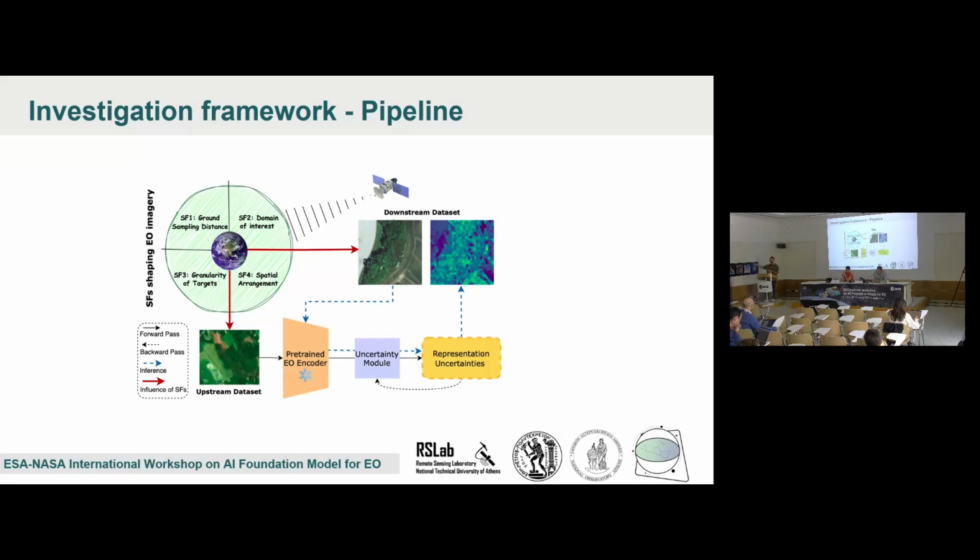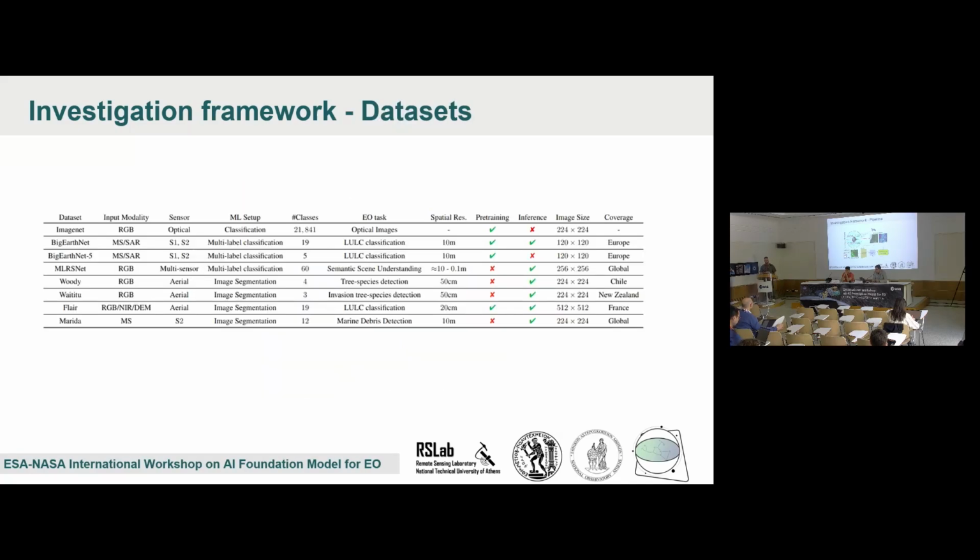For example, if you're operating in a marine environment, you would get different concepts than when you operate in the mountains. And similarly, the granularity of the targets, the classes themselves, would give you different detail in the semantic information that you will have, as well as the spatial arrangement, which basically translates to how the objects are placed in the image, which may uncover different processes that are underlying this image.